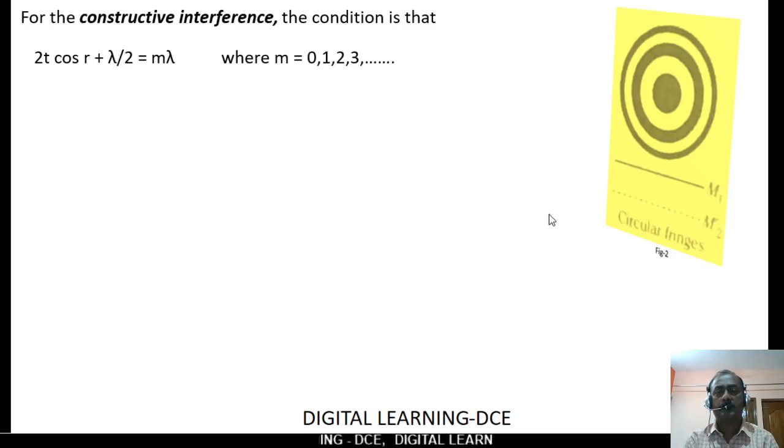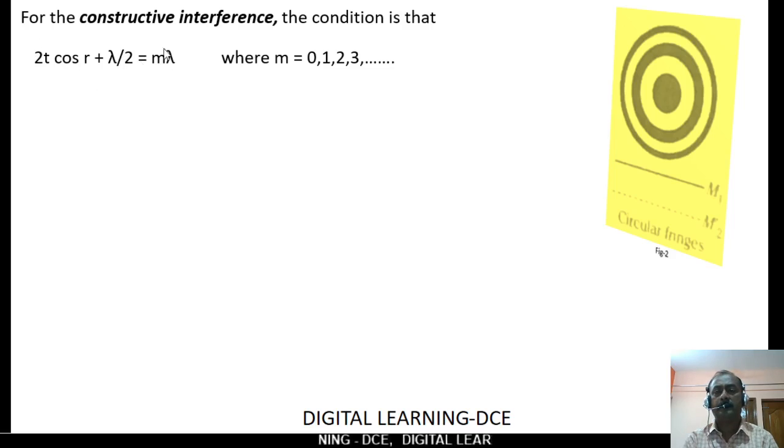Let us see the constructive interference and destructive interference. For constructive interference, the condition is that the path difference should be m lambda. Here on the LHS, this is the true path difference, that is 2t cos r plus lambda by 2.